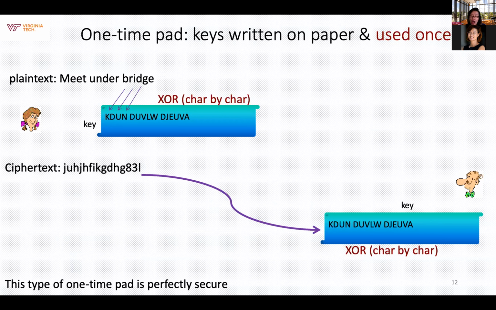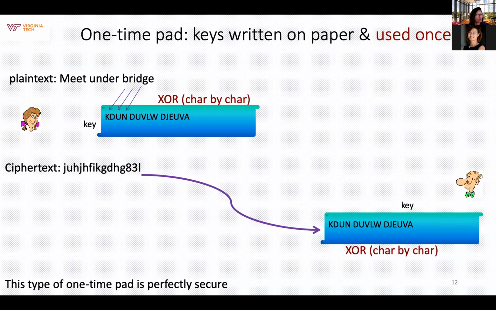And if your one-time pad is not repeating, hard to predict, completely random, then this is perfectly secure. People call it information-theoretically secure. That means that you don't rely on any computational assumption. You don't have to assume, oh, I assume that this discrete log is hard to compute. There's no assumption. You just guess a lot of random bits.